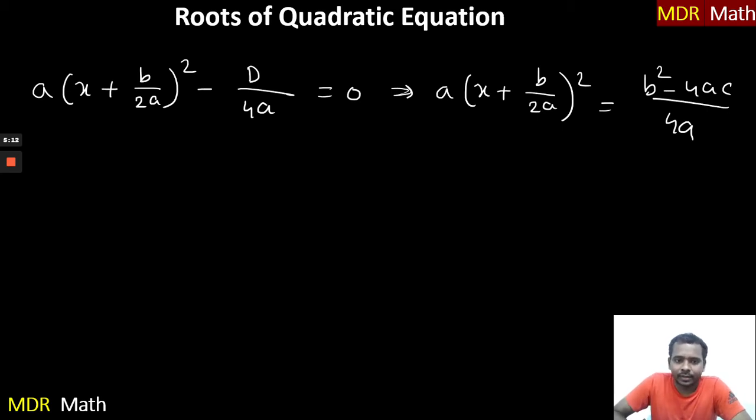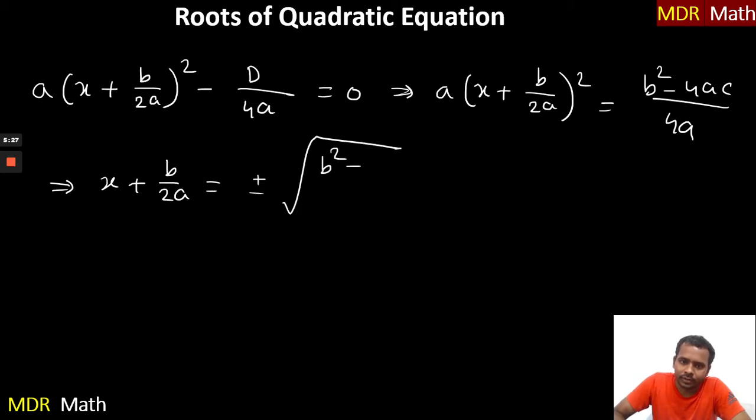So further it can be written as, so what will you get? x plus b by 2a is equal to, so when you take a to the right hand side, it becomes 4a square. So that is plus or minus root of b square minus 4ac by 4a square, right?